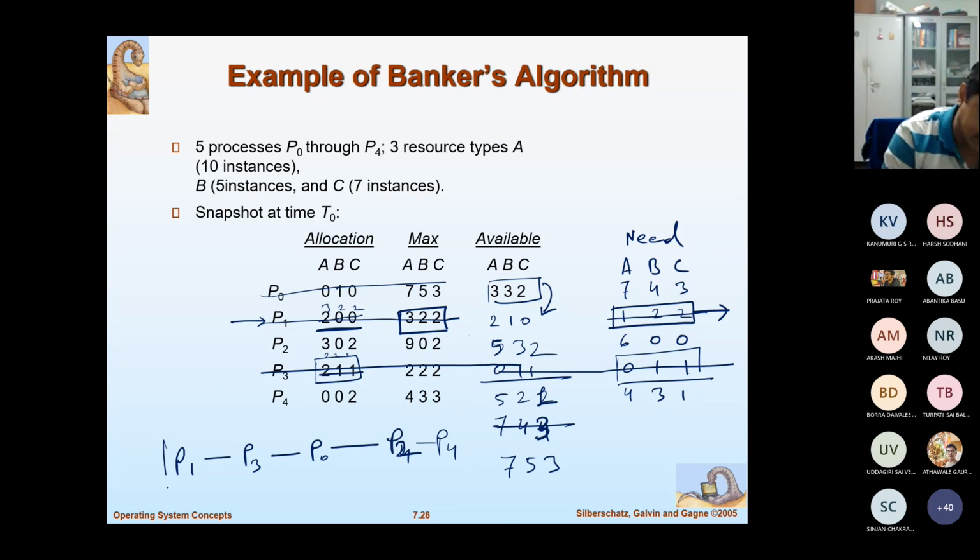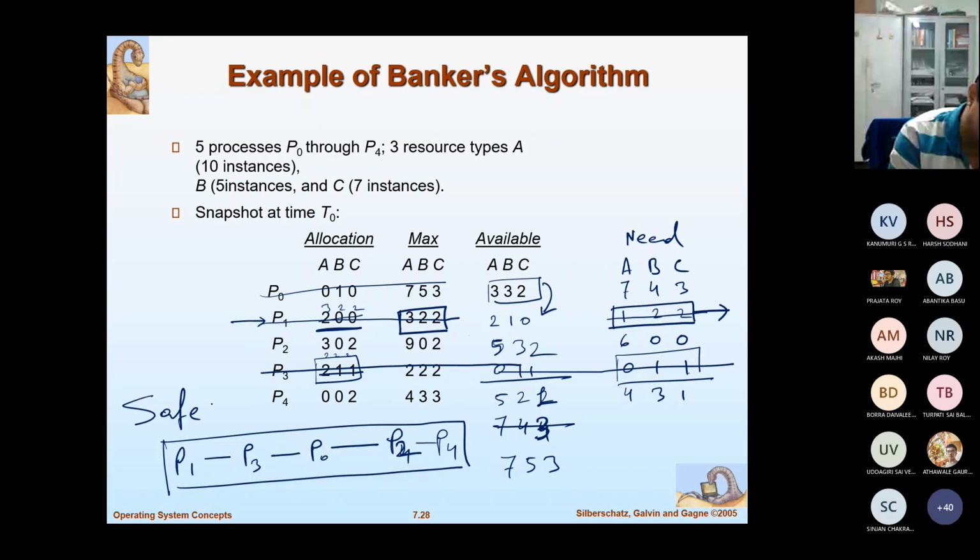This is called a safe sequence. If you find a safe sequence, then we call it a safe state. The system has a safe state.